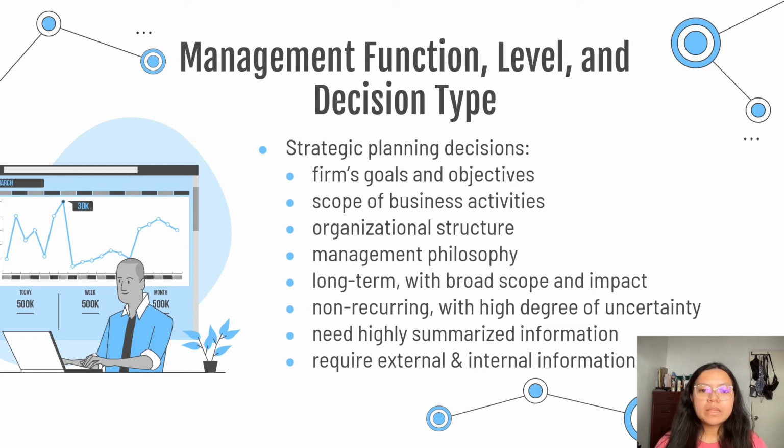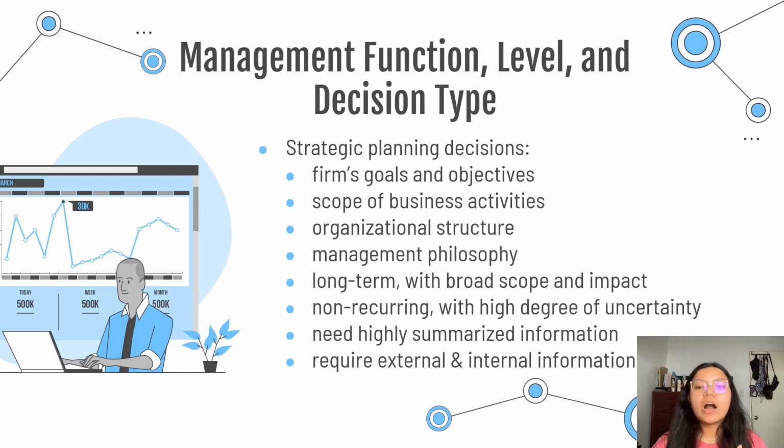They also tend to be non-recurring. Strategic decisions are usually one-time events. As a result, there is little historical information available to support the specific decision. The strategic decisions are also associated with a high degree of uncertainty. The decision maker must rely on insights and intuitions.